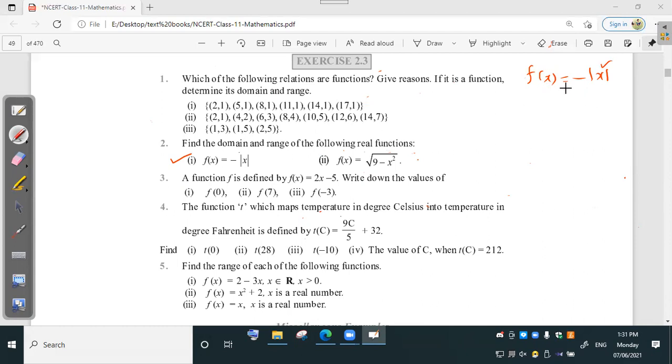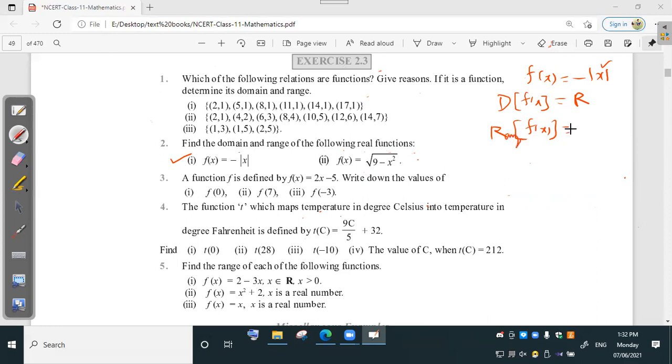Domain is the set of all real numbers here. Domain of f(x) in this case will be the set of real numbers. But what will be the range? Range of f(x). You should write range in full. These two are different. For real numbers we can use R, but for range do not use R. You should write the full word range.